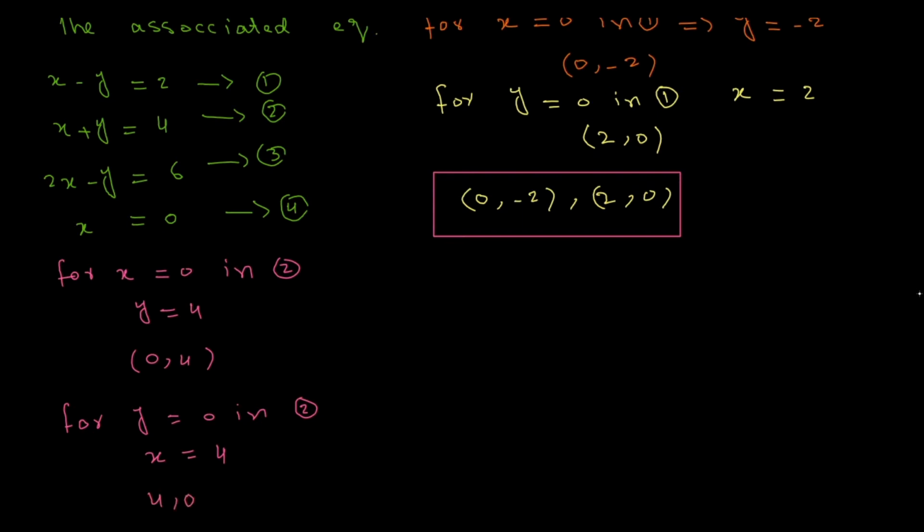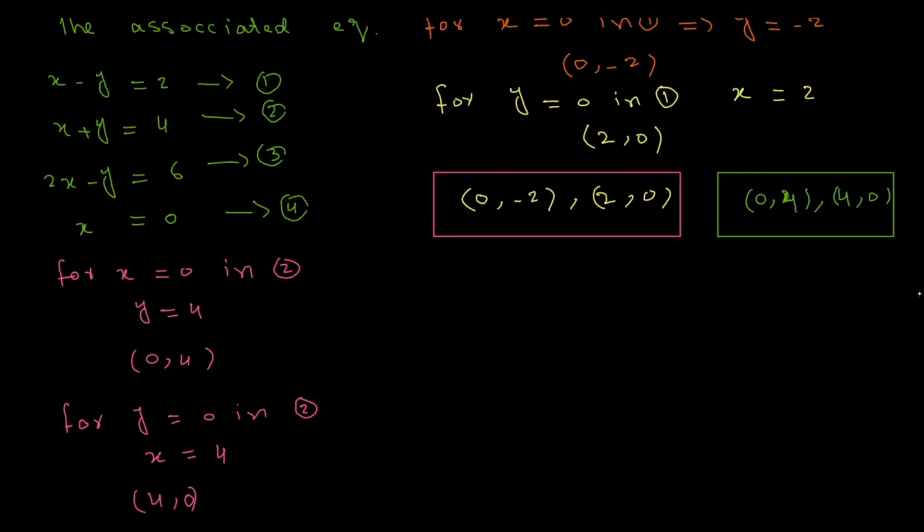Combining these two, the points for the second line are 0 comma 4 and 4 comma 0.